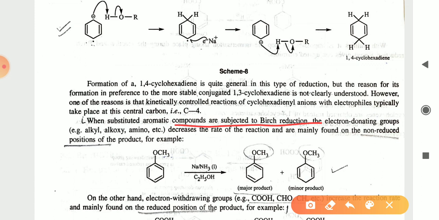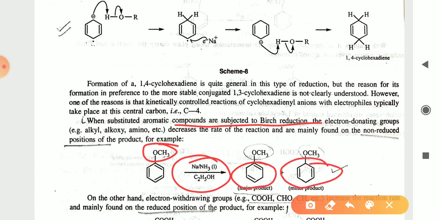Like in the presence of OCH3, sodium, ammonia and C2H5OH, it will only reduce the double bond present in the benzene ring. It will not reduce the OCH3 group present on the side chain.